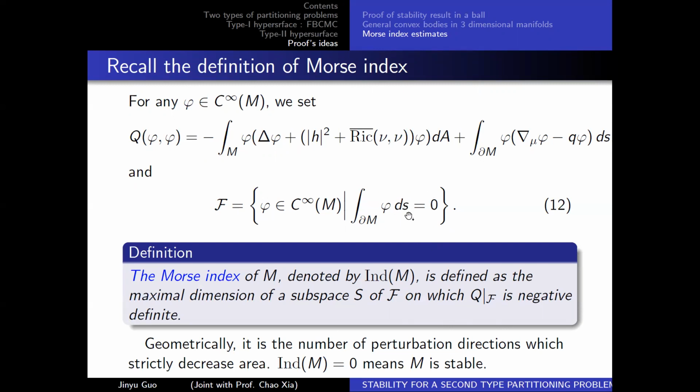Here is the weighted area-preserving, and Q is here. And geometrically, the Morse index is the number of perturbation directions which strictly decrease area up to the second order. So if the Morse index is 0, that means the hypersurface is stable.